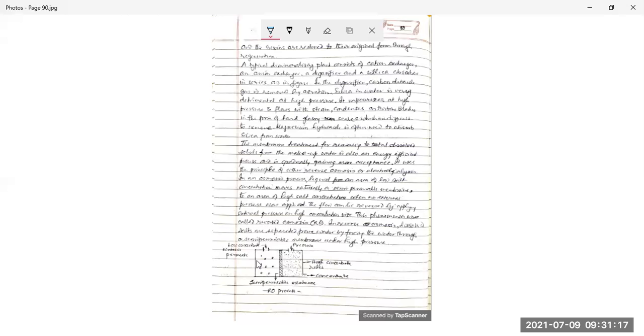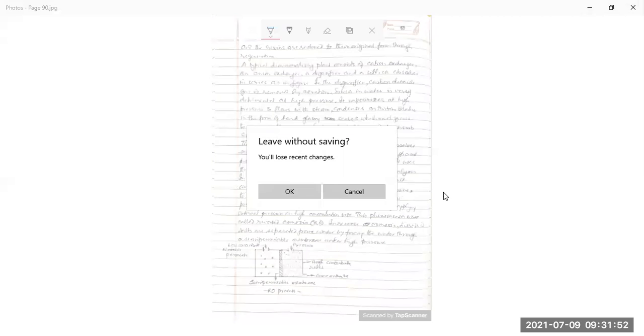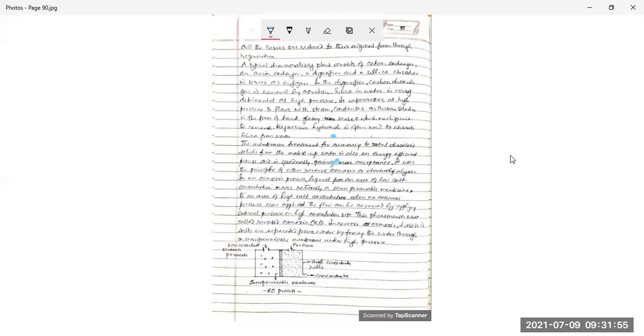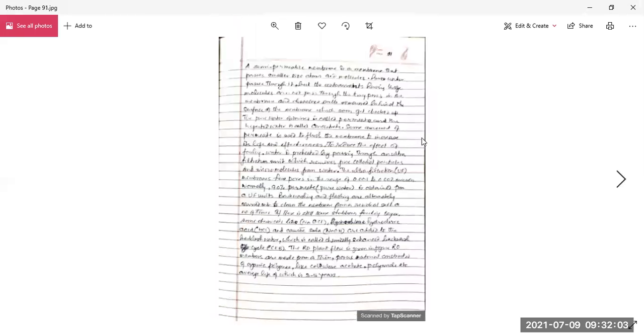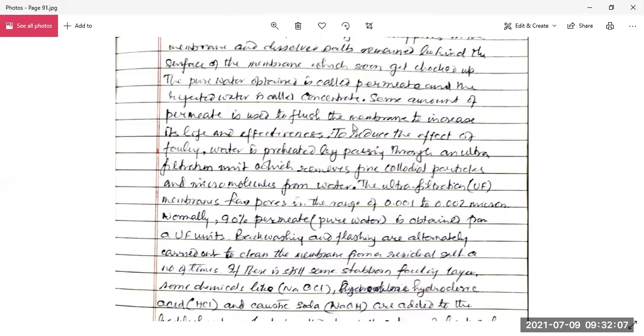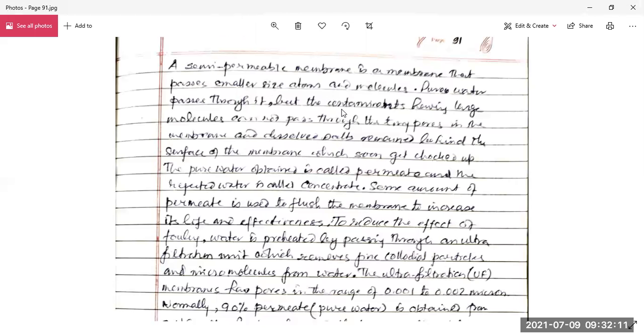In reverse osmosis, dissolved salts are separated from water by forcing the water through a semi-permeable medium under high pressure. Now, what is a semi-permeable membrane?